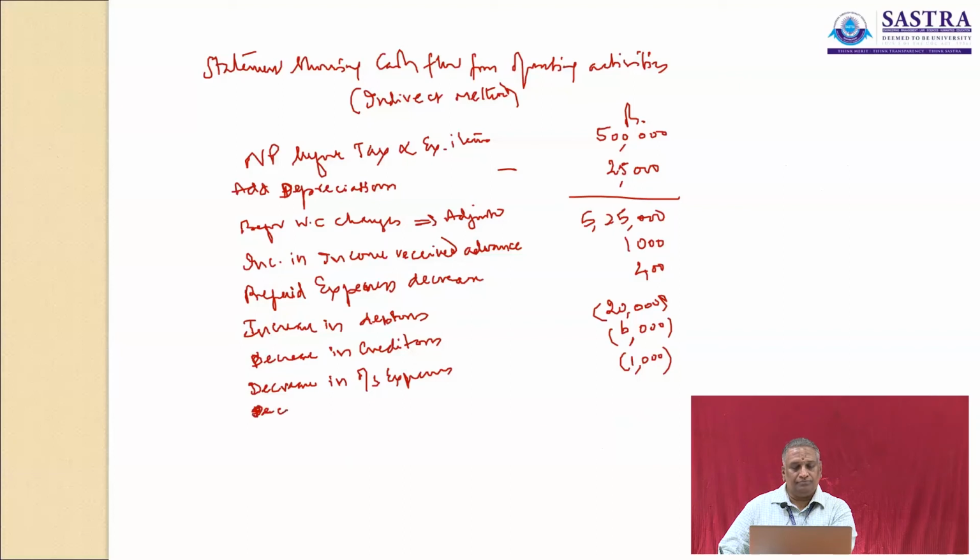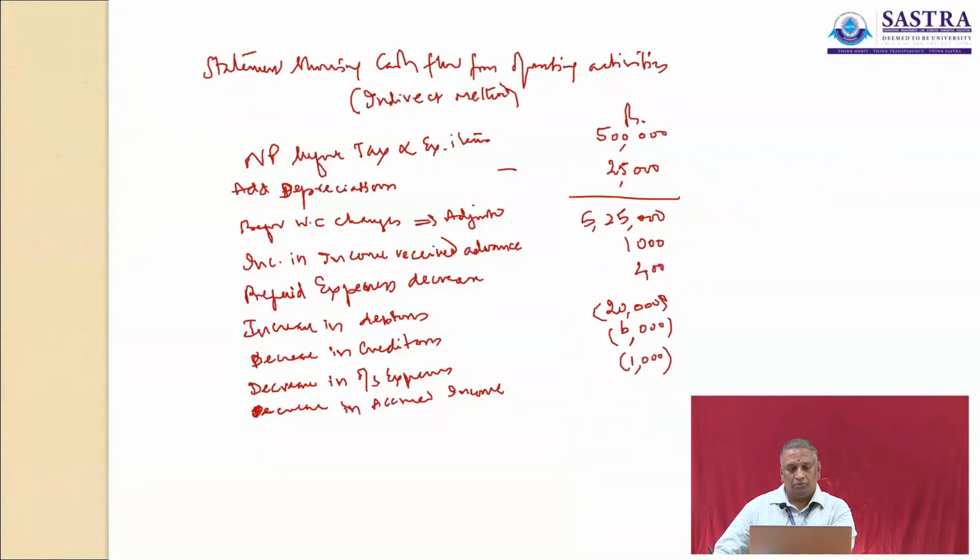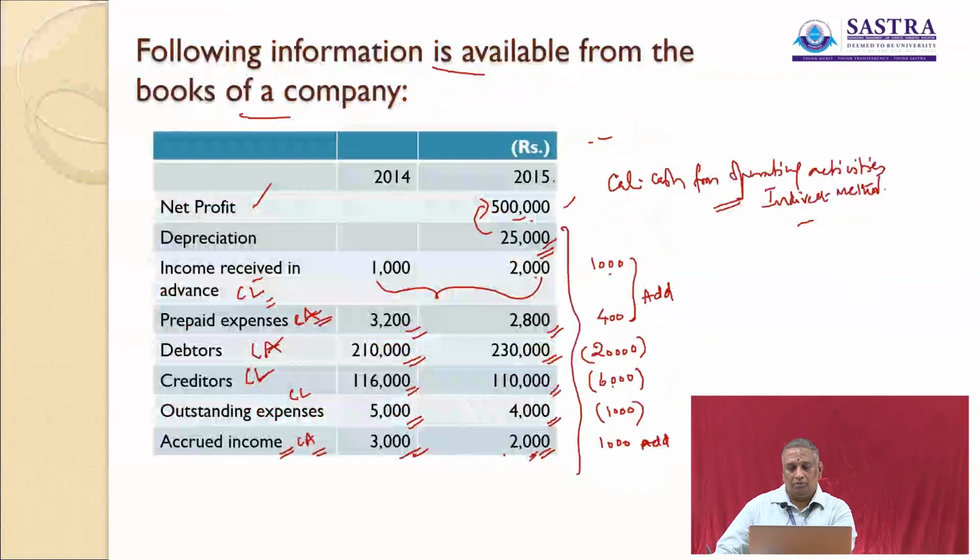Decrease in accrued income. I'm sorry, it should be added, right?